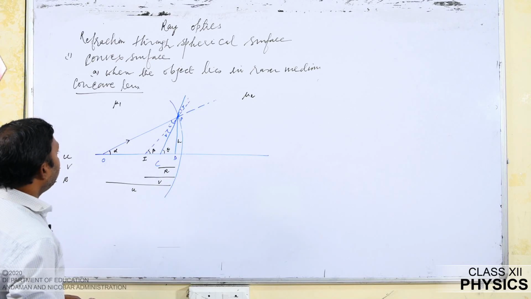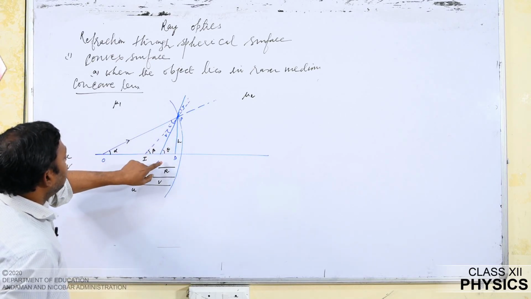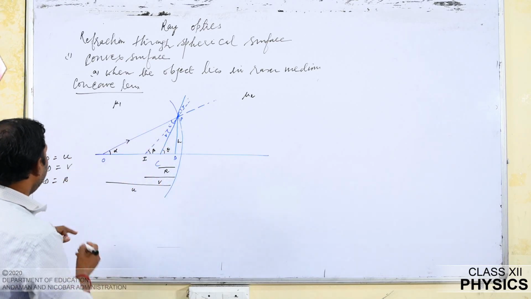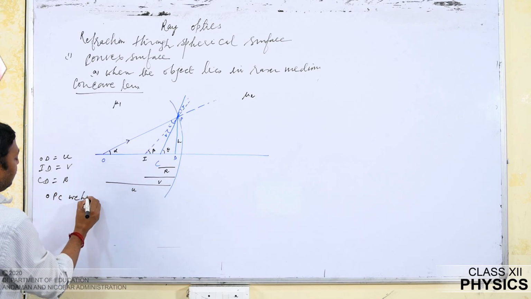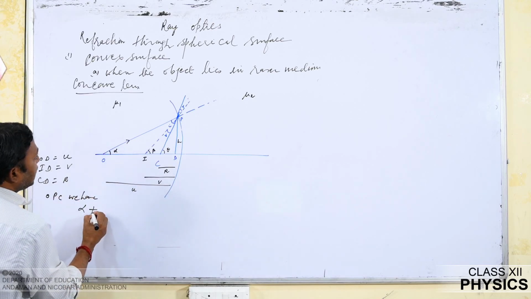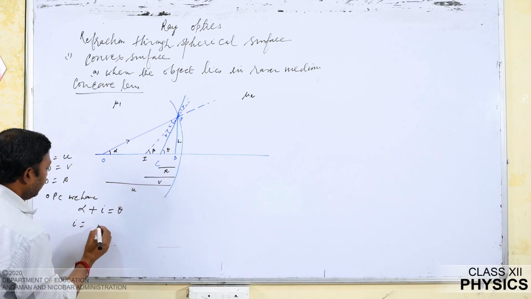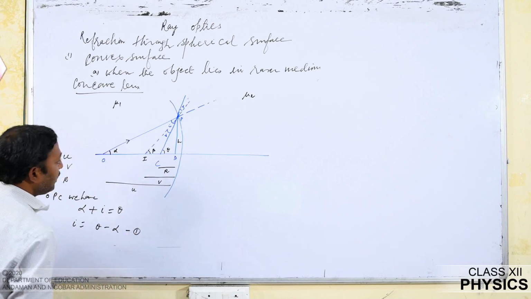Now, from the figure, in triangle OPC we have alpha plus i is equal to theta, or i is equal to theta minus alpha. Let this be equation 1.